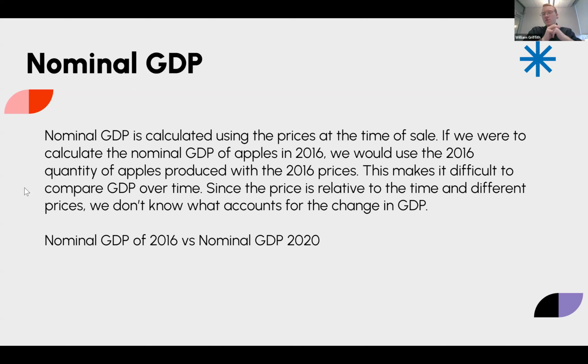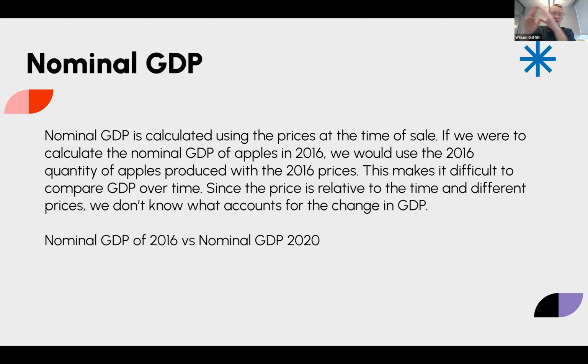Now there are different forms of GDP. We have nominal GDP, which is calculated at the price at the time of the sale. So if we were to calculate the nominal GDP of apples in 2016, we would use the quantity of apples produced in 2016 and multiply it by the market price of apples in 2016.